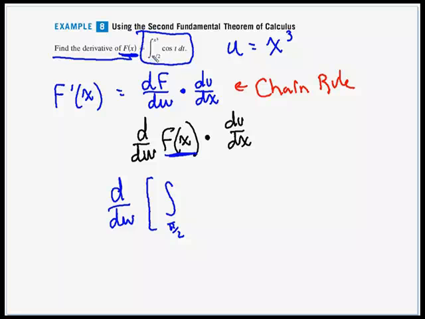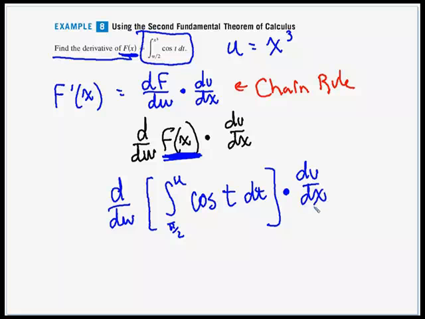The upper limit was x to the third, and now our x to the third has been replaced with a u. And our function is cos of t dt. So we made our substitution for F of x, and we still have our times du dx.